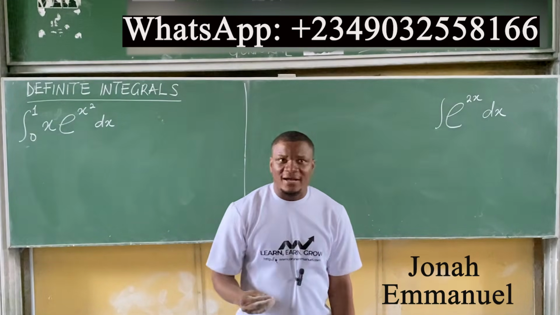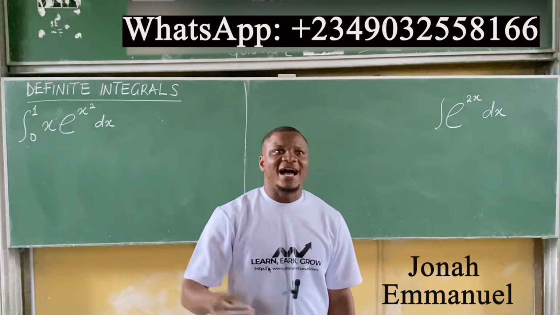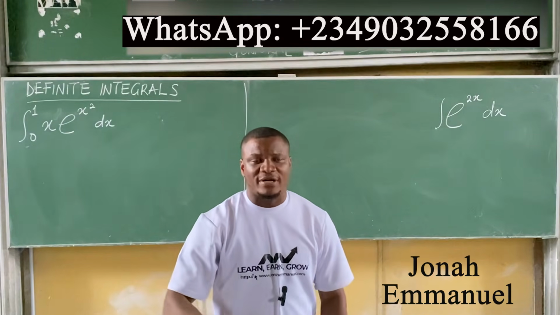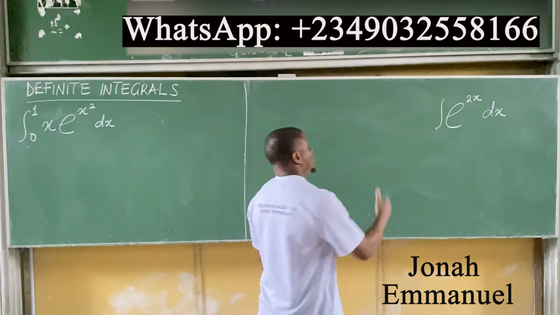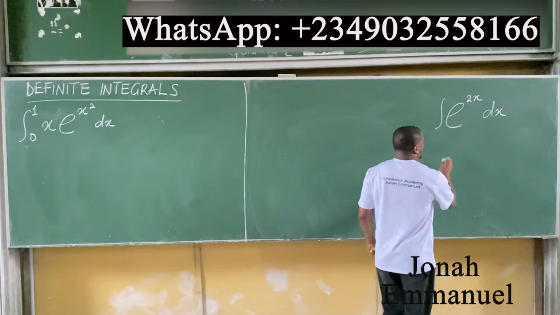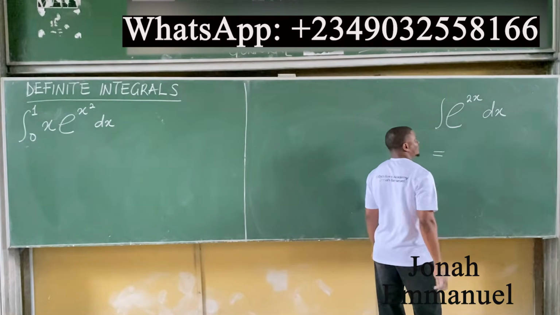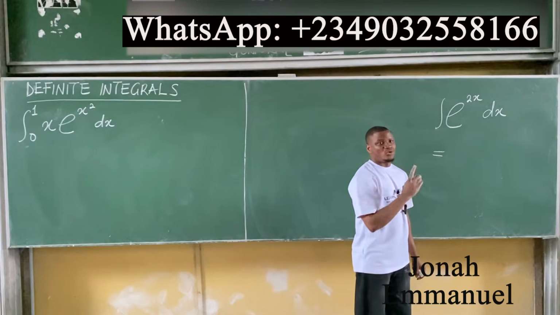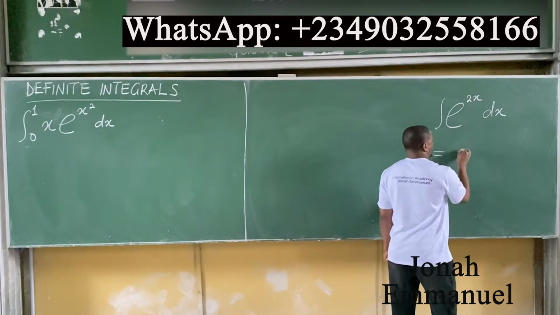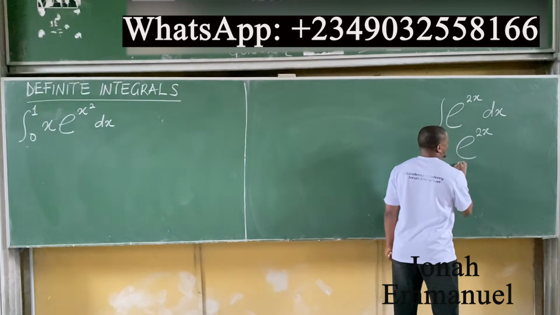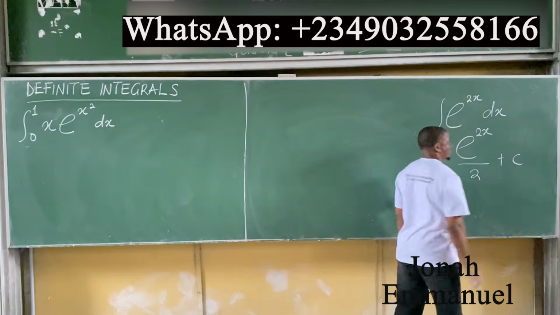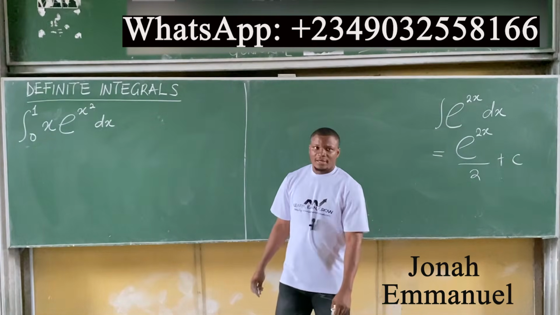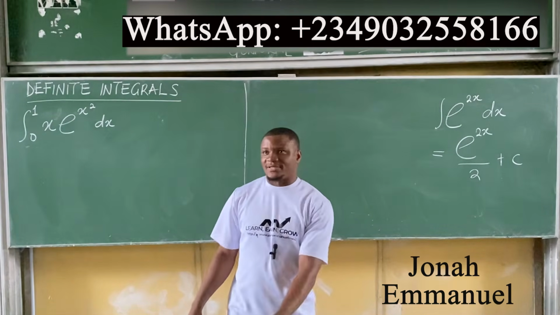Pick out the power, differentiate it, and take it as a denominator. That's all. What's the power here? 2x. If I differentiate 2x with respect to x, what do I get? 2. This becomes exponential 2x all over 2 plus c. That's your shortcut. I have a class on this online, so check it out, please.